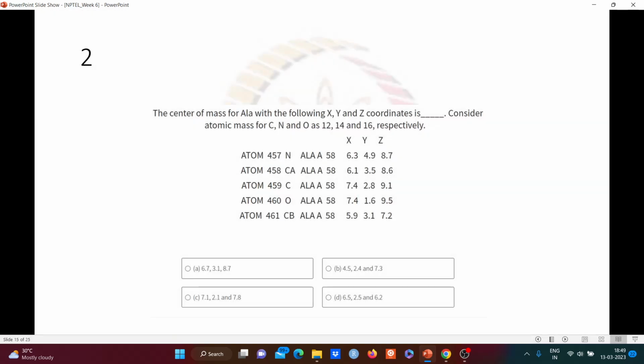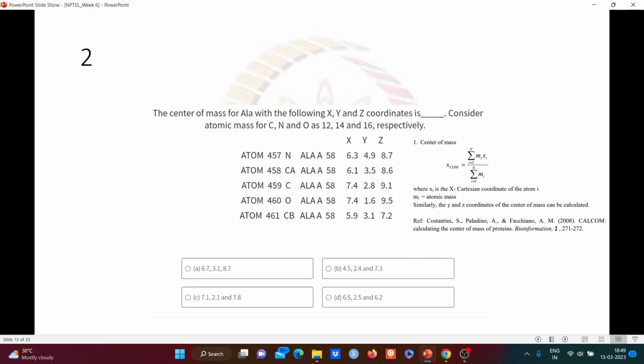Okay, let us move on to the next question. Given XYZ coordinates of an alanine residue, can you calculate the center of mass of this residue? I'll provide you with a formula as well.